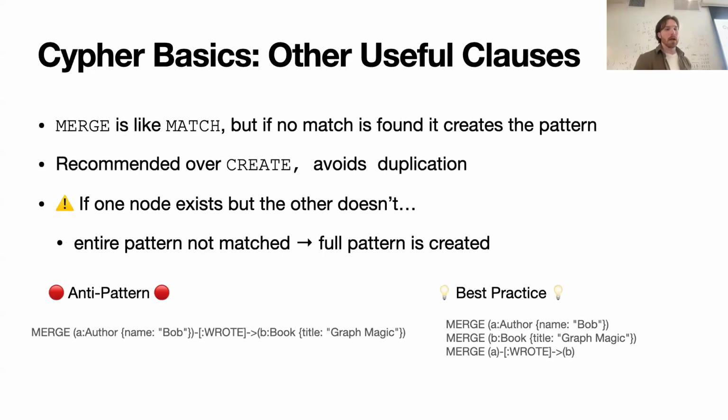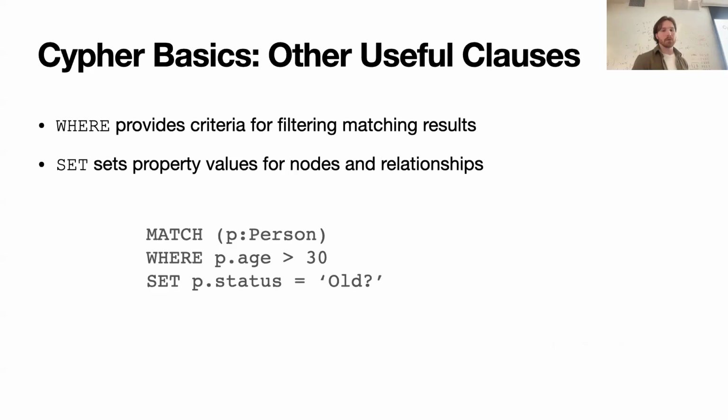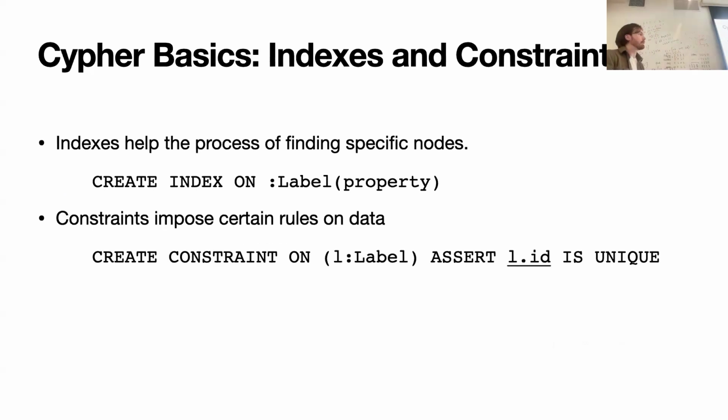So if we go back to this example, and we're matching nodes of type person a lot, then we might want to create an index for all nodes of a person label. So when we're finding nodes in the database, like the first node in our matching pattern, it's going to make that lookup a lot faster.